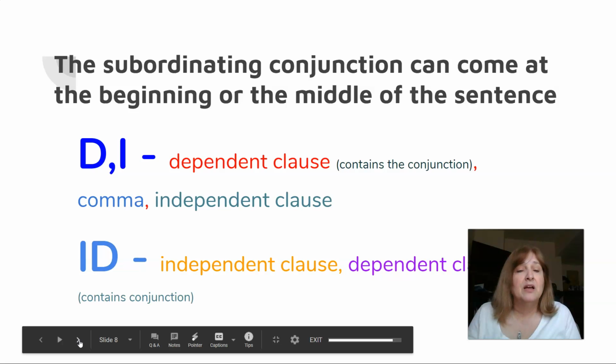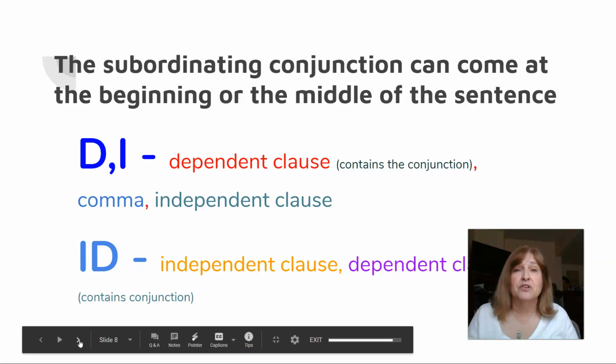Otherwise, you can have an independent clause, then a dependent clause, where the because is in the middle. I had to teach from home because there was a pandemic. I don't need a comma then. Okay, it can just be one long sentence with no punctuation. So sometimes I think the punctuation was your clue when you were trying to identify the kinds of sentences. You looked for that punctuation and that was your tell.